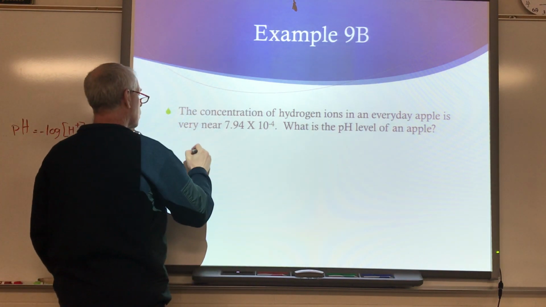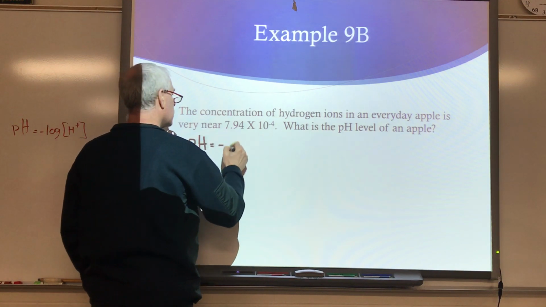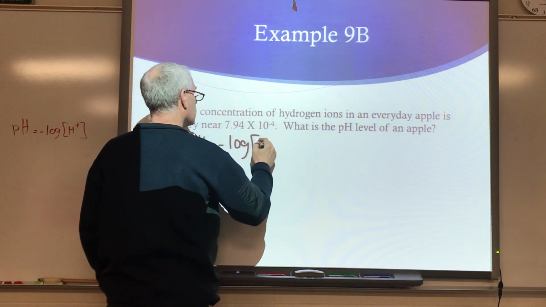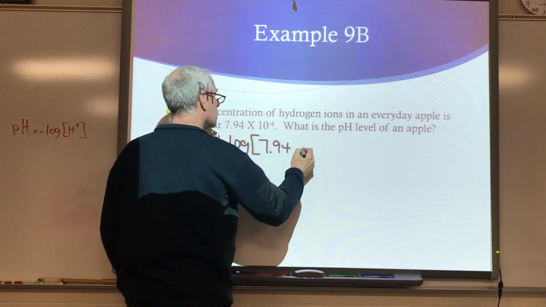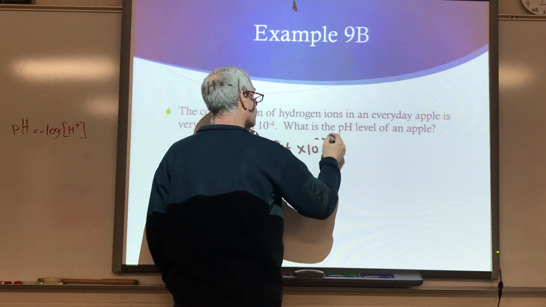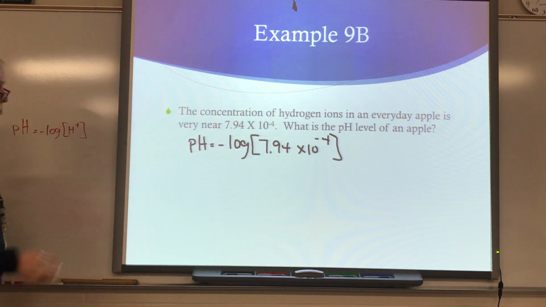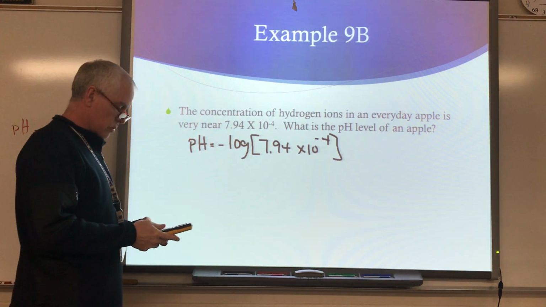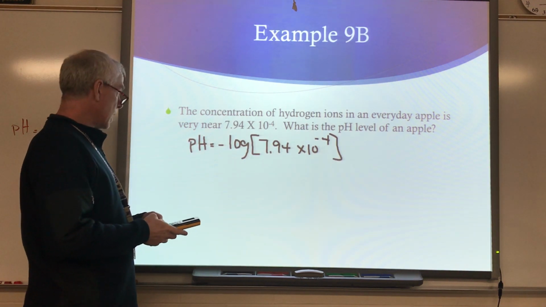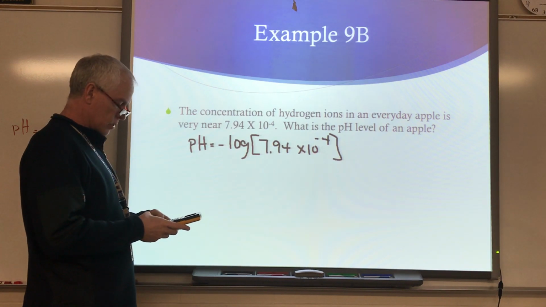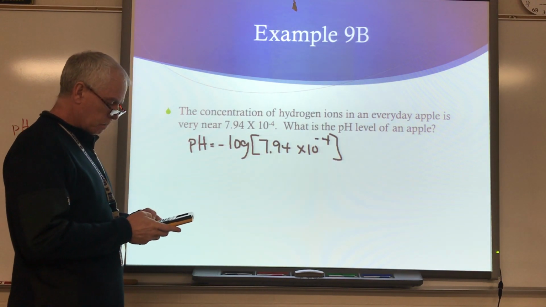What's the pH? So pH equals negative log of 7.94 times 10 to the negative 4. Okay? Quite honestly, you guys, this one's easier because the variable's on the left side. So I just need to type in negative log, and I can use scientific notation. So I'm going to do 7.94.